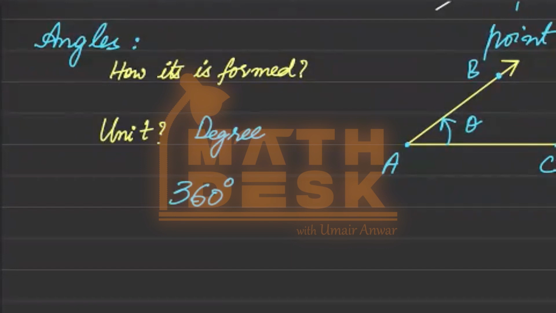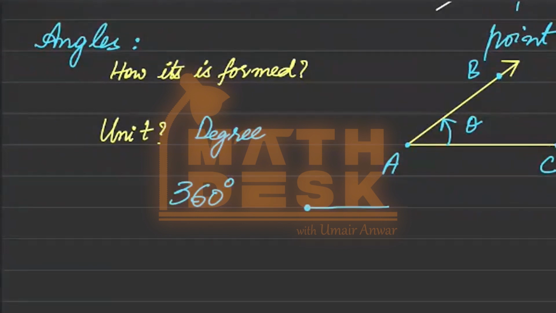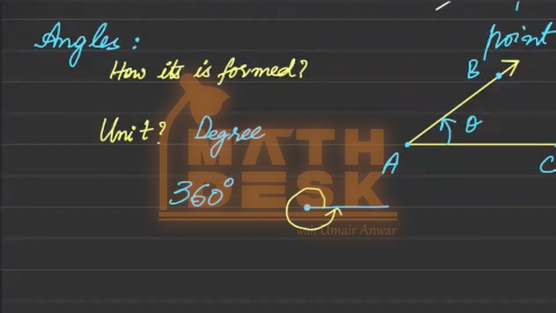For example, if we had a point and a line, and we started measuring the angle from here, and we completed one cycle, the angle formed over here would be 360 degrees. And this complete cycle is basically divided into 360 parts.